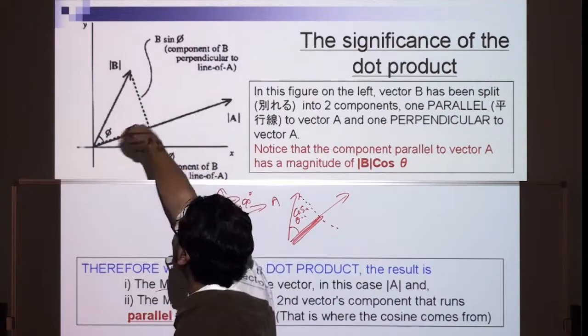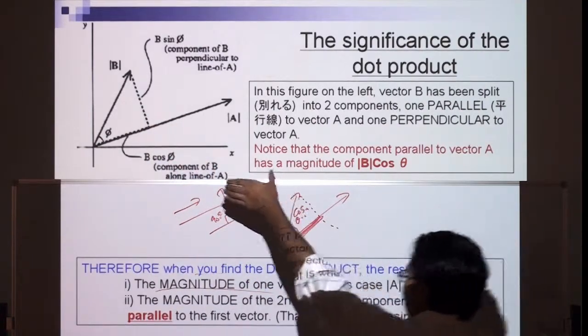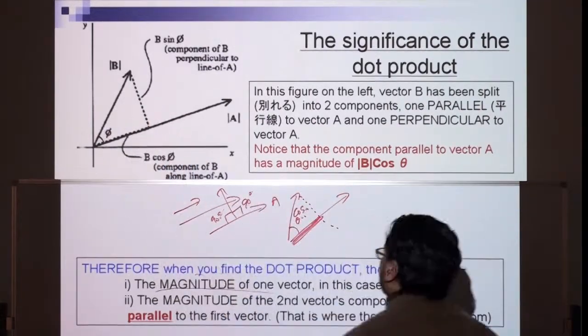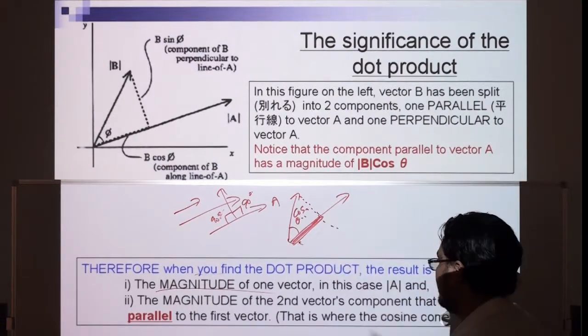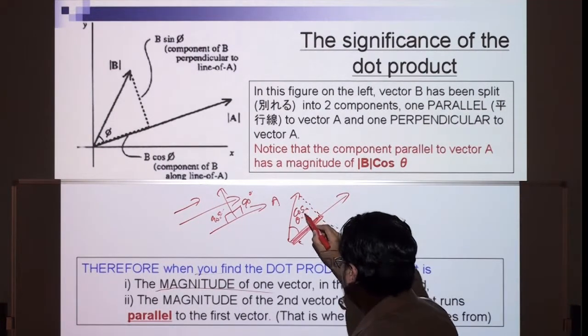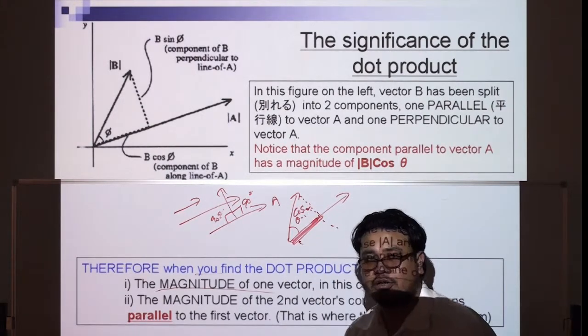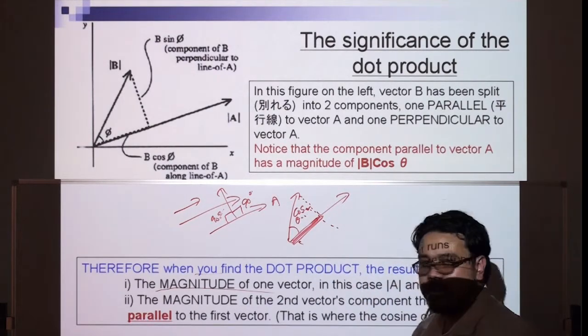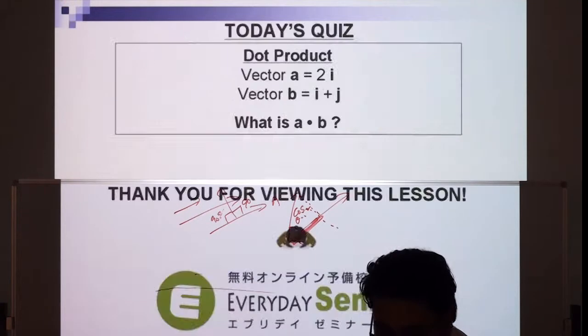So you got the value of that line there, and that is where the cosine comes from. That's why we use cosine. You remember our trigonometry lesson, and that's about it.